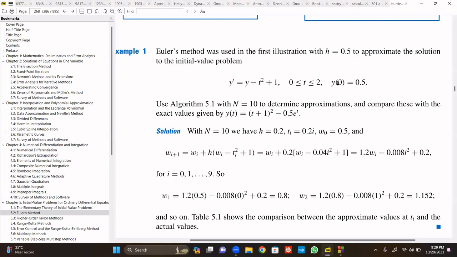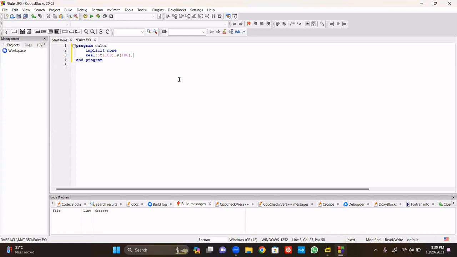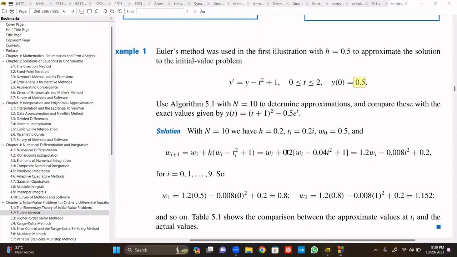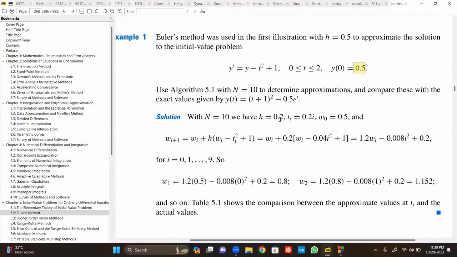Okay, now 0 is the initial point, and at that point, the value of Y is 0.5. So for these two, let's write A equals 0 because we are starting with 0. And even though this is an initial value problem, the solution should be in some window.